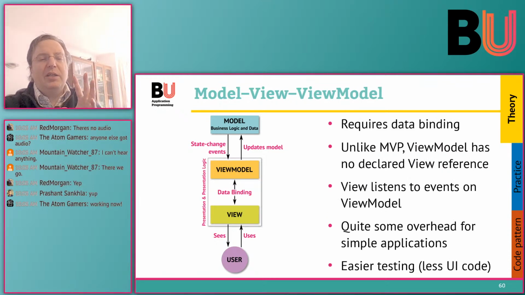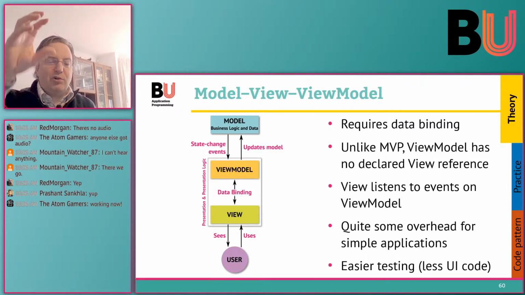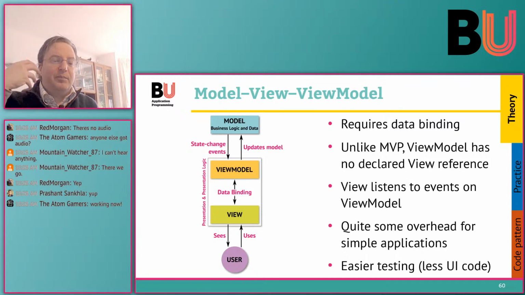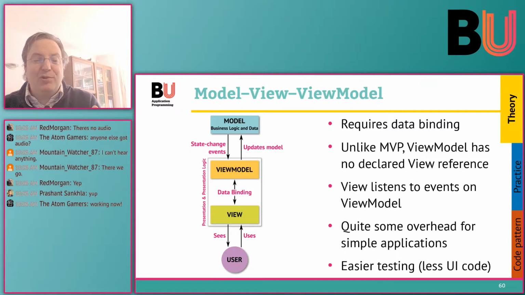And the final one is the model view view model, which requires something like data binding to make it work. We've looked at data binding in one of the lectures, so if you're interested, look at that again. But model view view model uses this automatic binding to link a data structure that represents the interesting state, in a way that it needs to be presented, with a view.